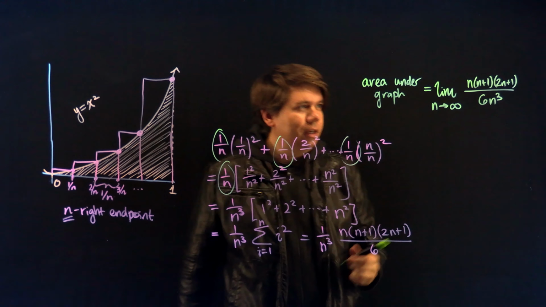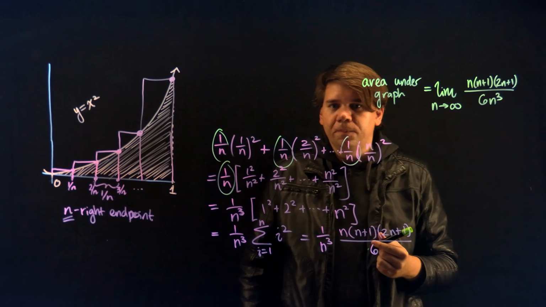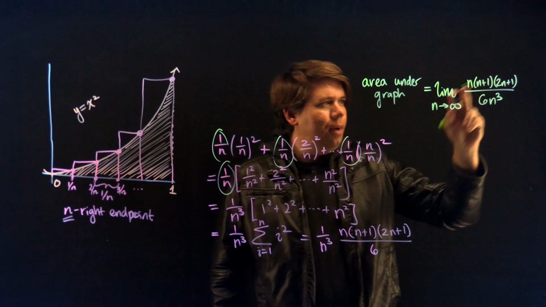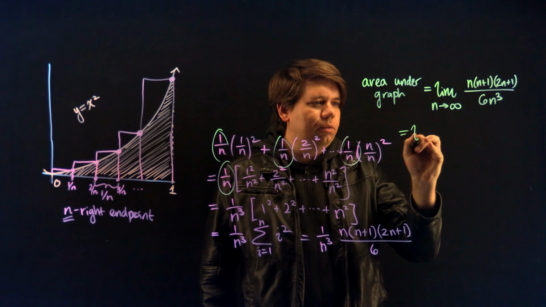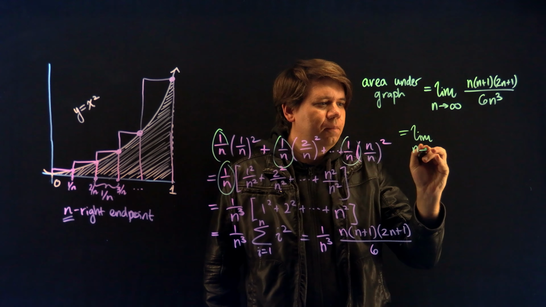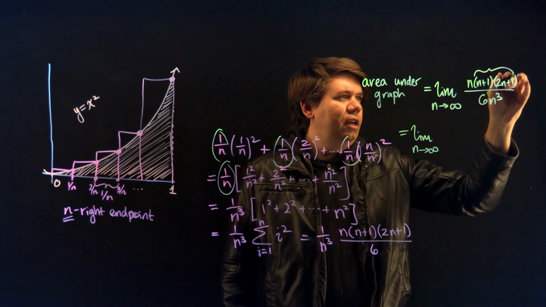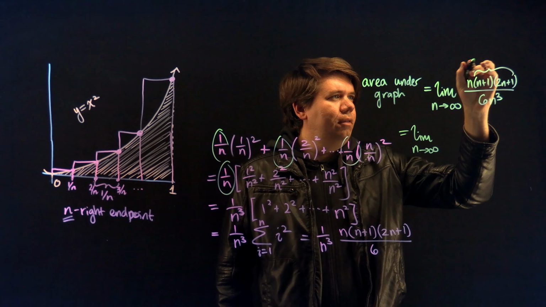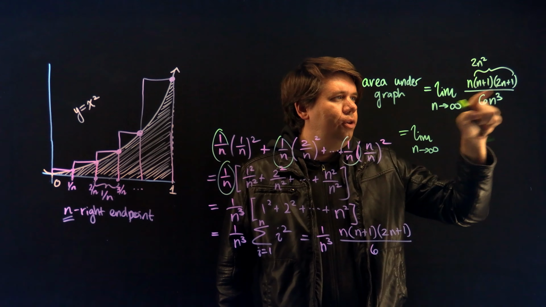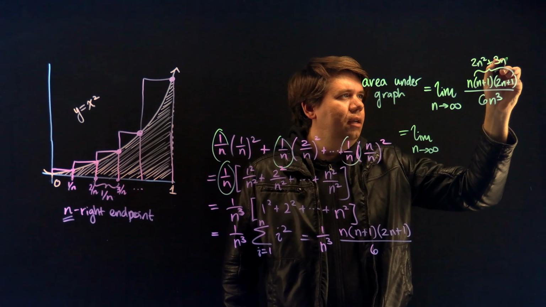So I can find the area just by calculating this limit. Now, do you remember how to find the limit of polynomials? When you have polynomials, we can expand this polynomial on top. So n plus 1 times 2n plus 1, let's calculate this out really fast. This is 2n squared plus 2n plus n, so plus 3n plus 1.